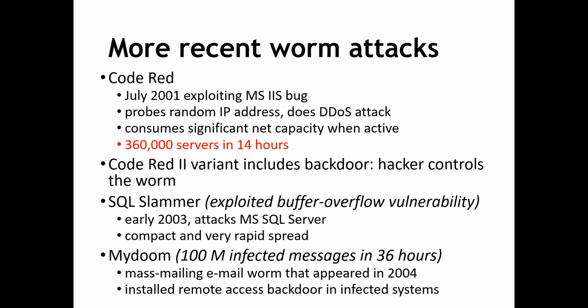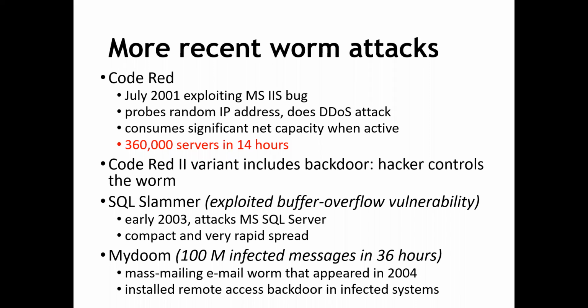Some of them are made for distributed denial of service, that is DDoS. Like Code Red, which was made specifically for Microsoft's IIS, that is, the IIS is the server for Microsoft, the Apache server.